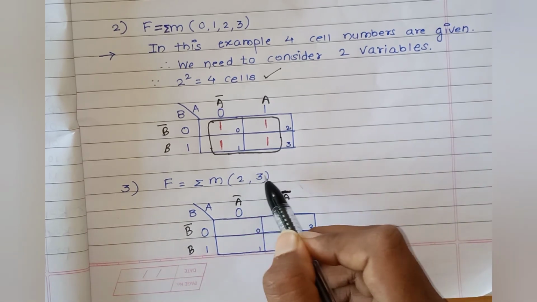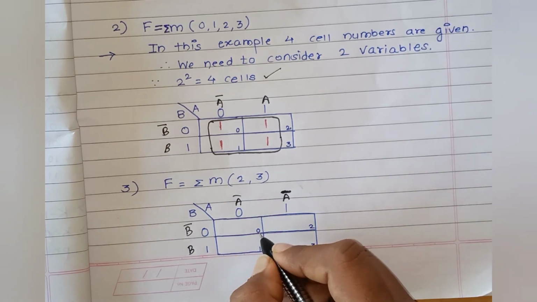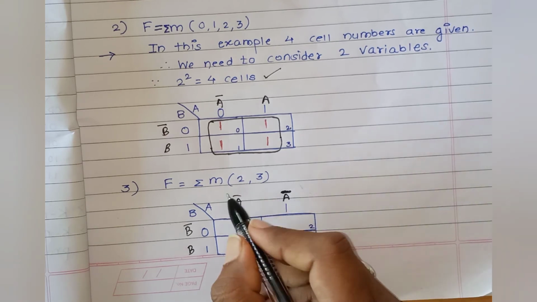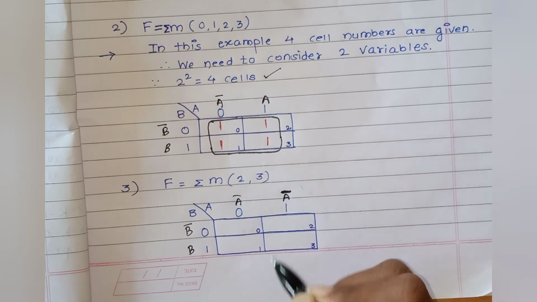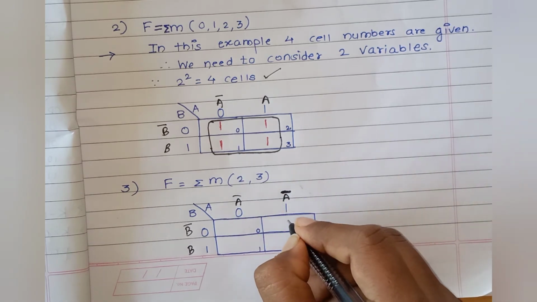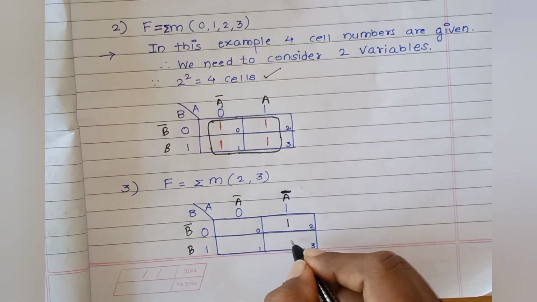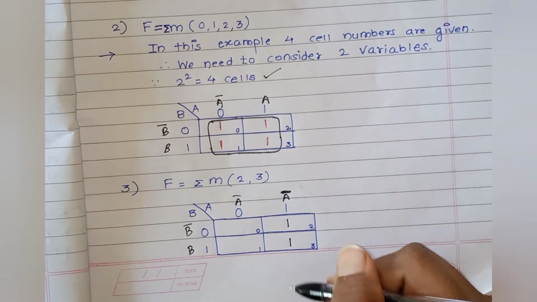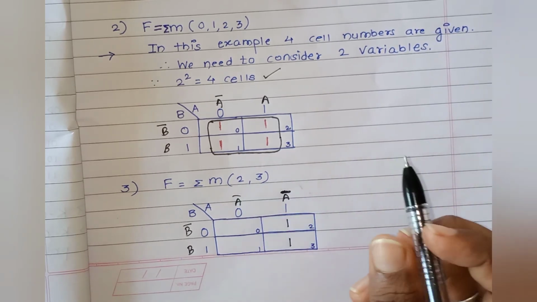Now 2 and 3, see, we need to give the cell numbers 0 1 2 3 initially, okay, and inside the bracket we have only 2 and 3, means at cell number 2 we will put 1 and at cell number 3 we will put 1. So we have put these numbers inside the cells.